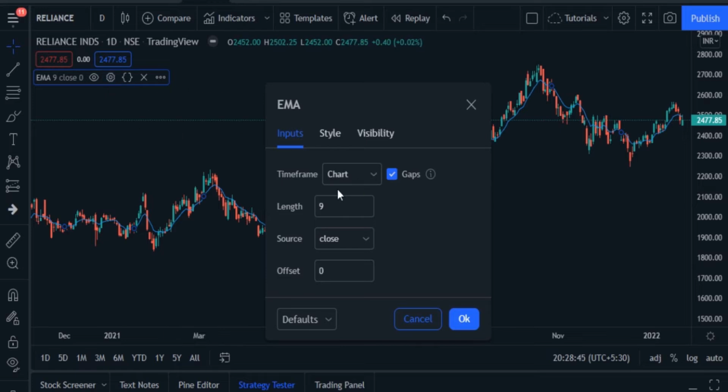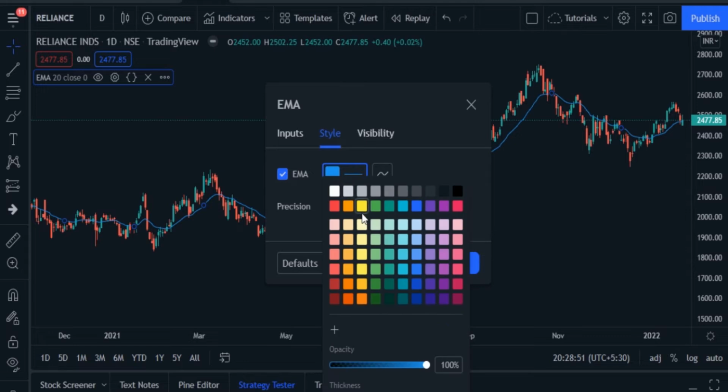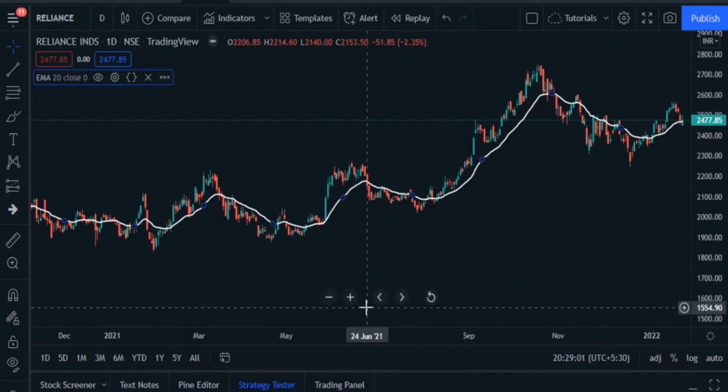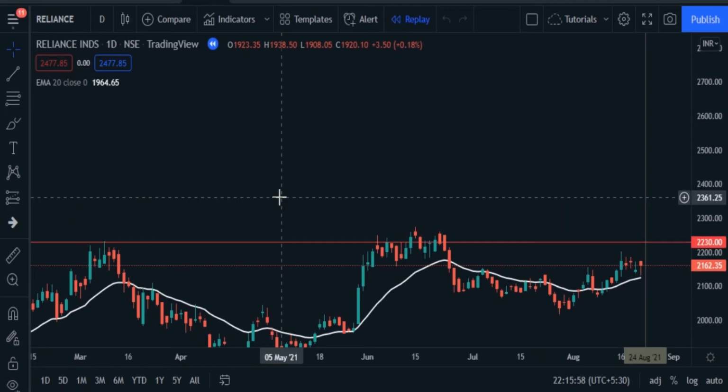So I will be changing the setting to 20. I will also change the color of this indicator so that it is visible. Okay, so now we are all set. So this is the Reliance chart with 20 EMA indicator plotted over it.